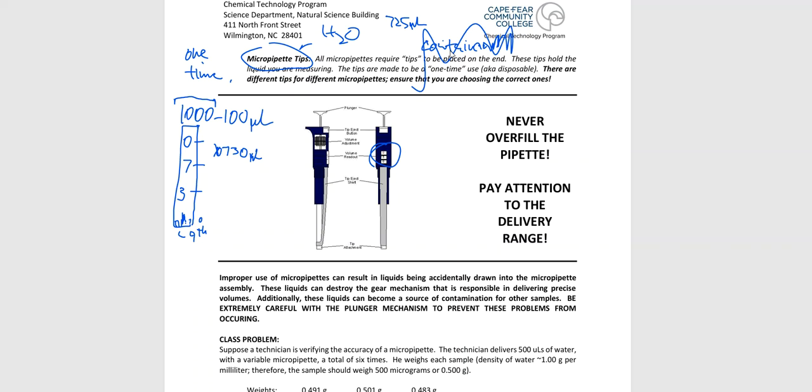Now, on the other hand, if I pick a smaller micropipetter, and that smaller micropipetter might go from 100 to 10 microliters, then these are direct readouts in those cases. So what that means is that if I do 100, and there could be still tick marks down here, well, that is 100, and that would be 100 point, and there's still like a little decimal there that I can add on to the value.